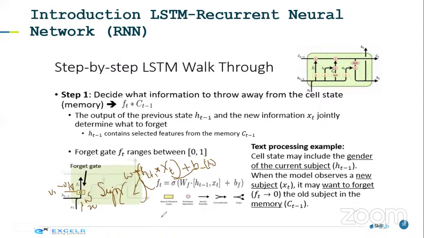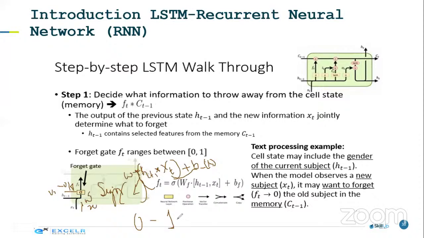On the basis of the sigmoid function and the context, it will be able to understand and give me a representation with a value between 0 and 1.